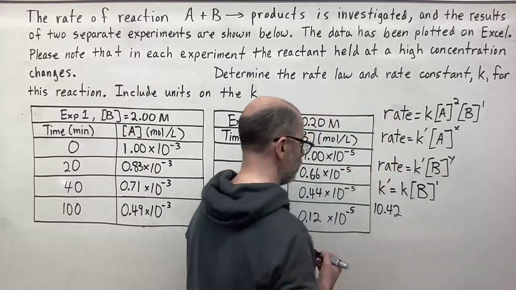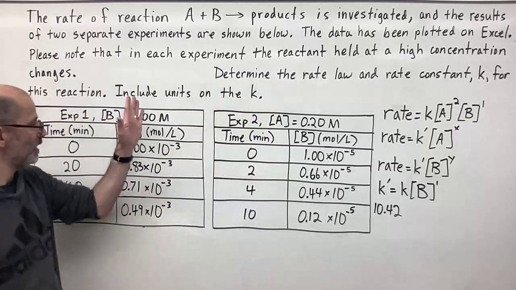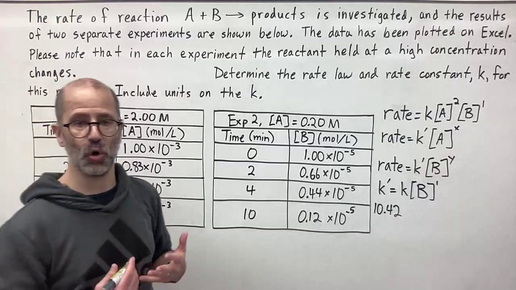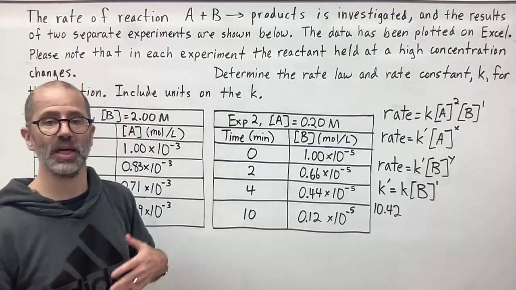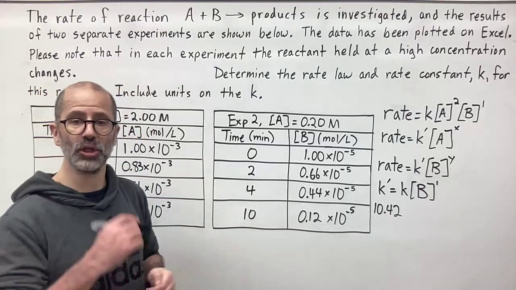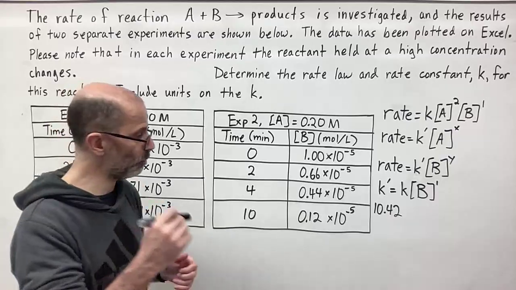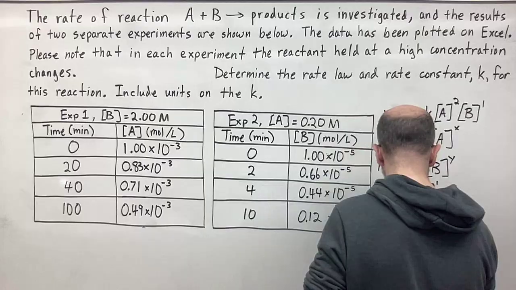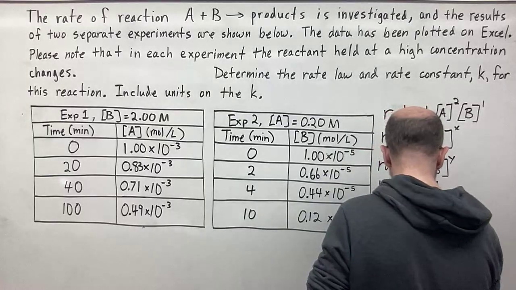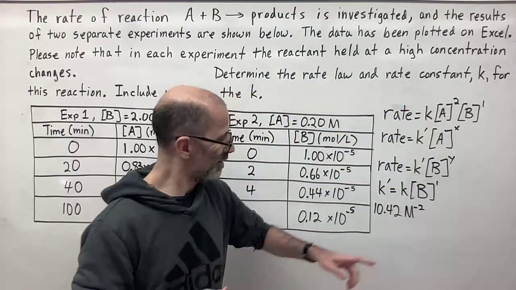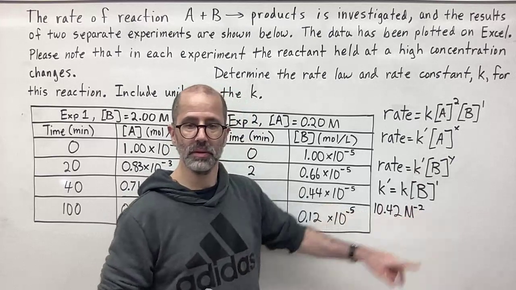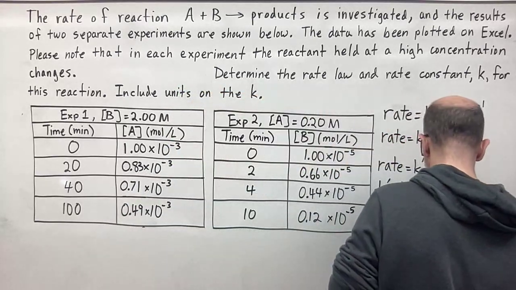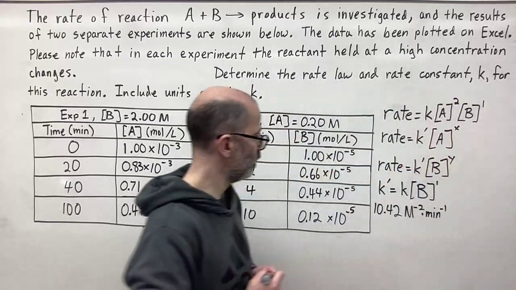The units for that, since this is second order with respect to A, I'll talk about this a little bit later, but it's going to be molar to the -2 power multiplied by minutes to the -1 power.